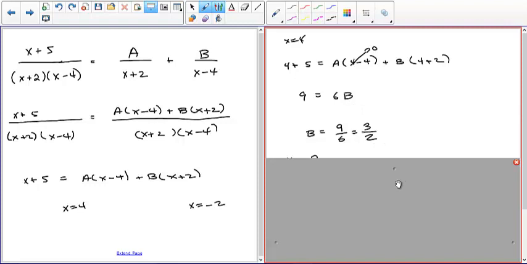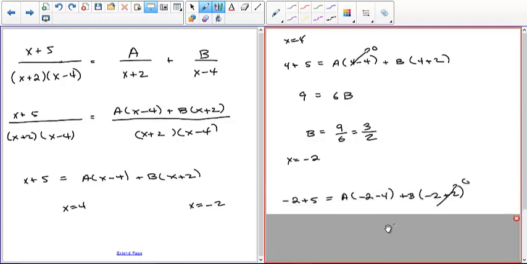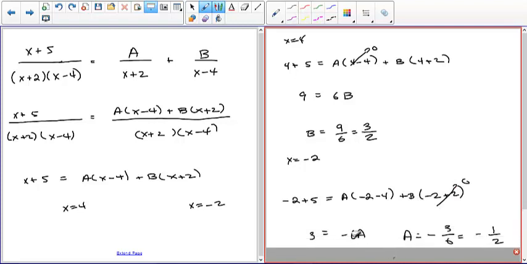Okay, so that's B. Then you do x equals -2. That makes this term go to 0. So we got -2 plus 5 is 3. -2 minus 4 is -6. 3 divided by -6 is -1/2.